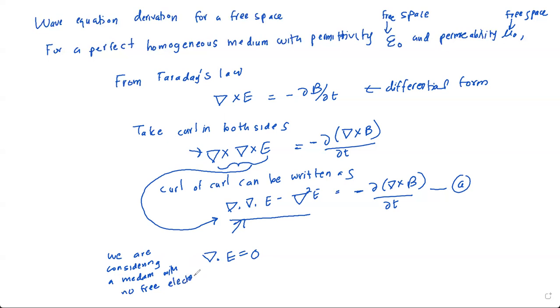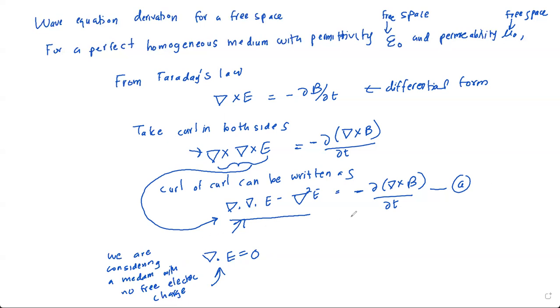Once we do not have any free electric charges, the divergence of the electric field in that medium is going to be 0. We can take this as one of the equations to simplify equation A.